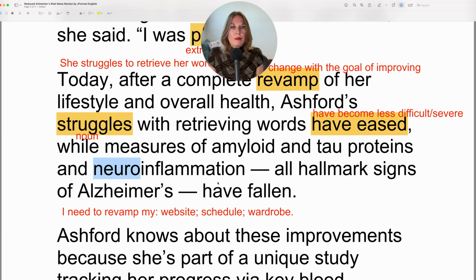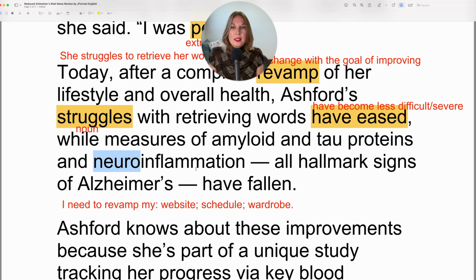And neuroinflammation, all hallmark signs of Alzheimer's. So they're telling us why they identified these specific proteins and this word, neuroinflammation, because they're hallmark signs of Alzheimer's. So here the word hallmark would represent the defining signs, the most important signs.